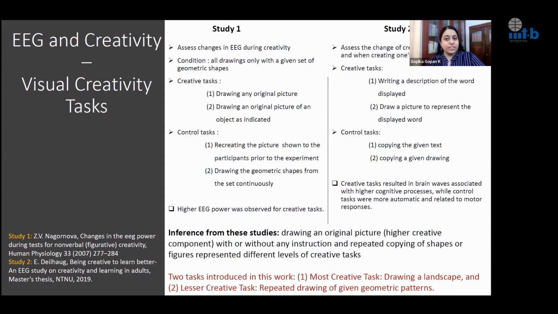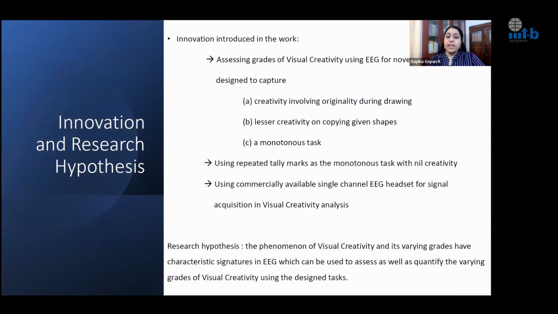One is the most creative task, that is drawing a landscape, and the second is a less creative task, that is repeated drawing of given geometric patterns. So the basic innovation introduced is, one, assessing grades of creativity using EEG for novel task design, that is creativity involving originality, creativity while copying a given shape, and a monotonous task.